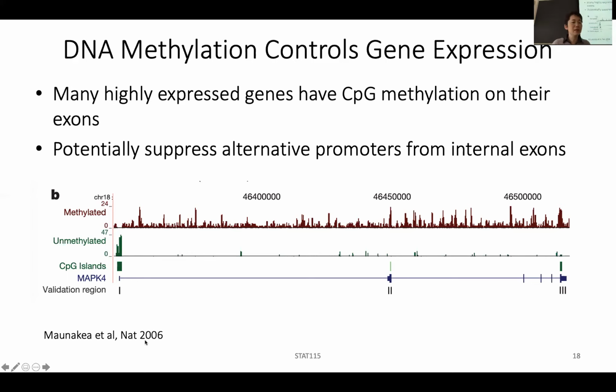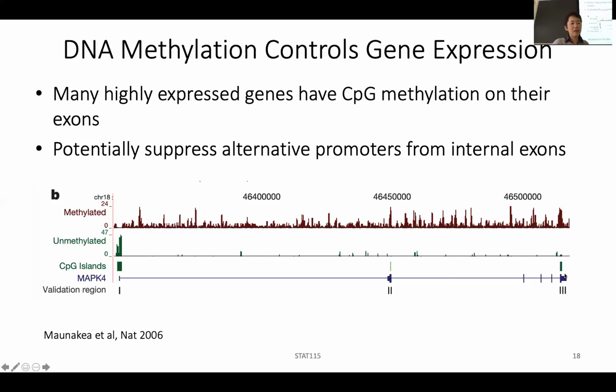So this particular Nature paper suggests that sometimes the internal exons could also start transcription. A lot of these internal exons can also have a little transcriptional signal. So the cell can sometimes use this as a transcription start site, as the first exon, but sometimes it can also use that internal exon as the beginning of the transcript and start transcribing from here, especially if this region also has a CpG island.